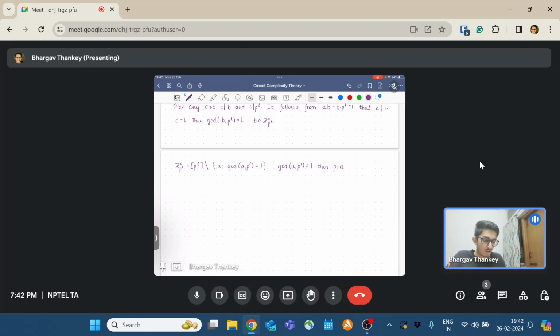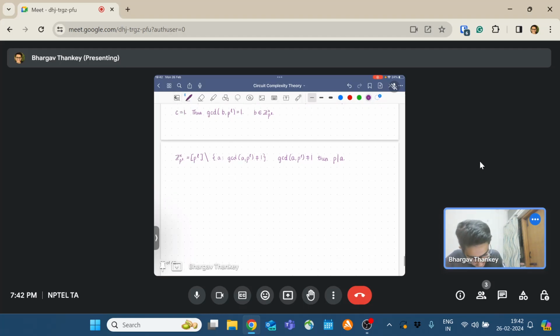Yes. So all I have to do is this set is the same as the set of a where p divides a, and a is less than p to the l, right?